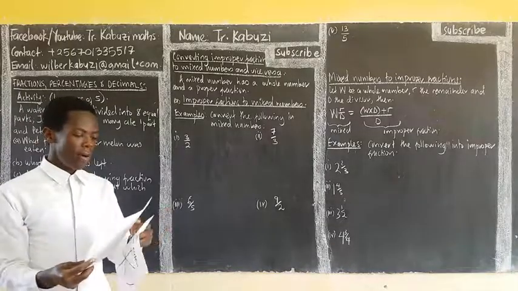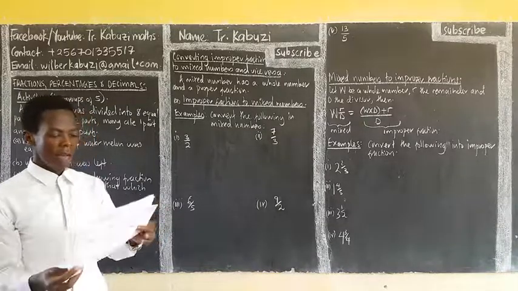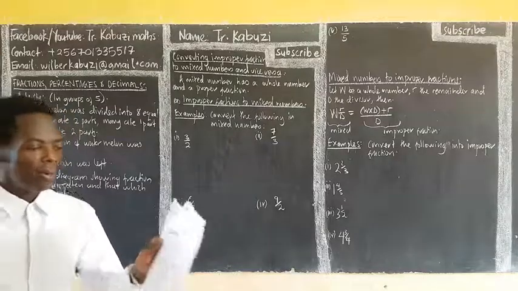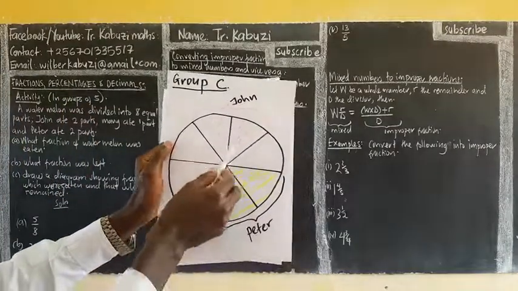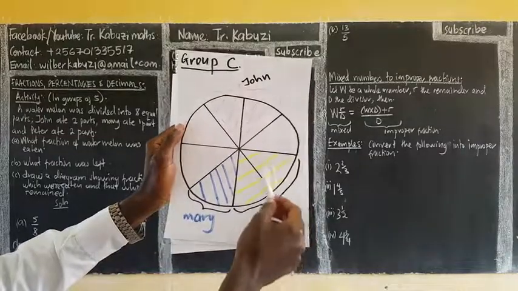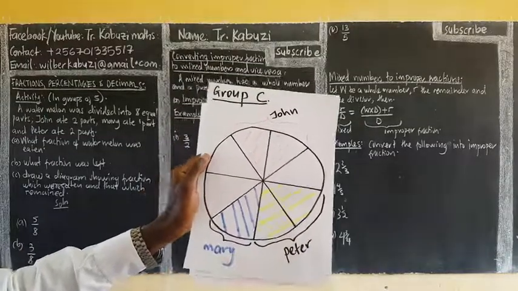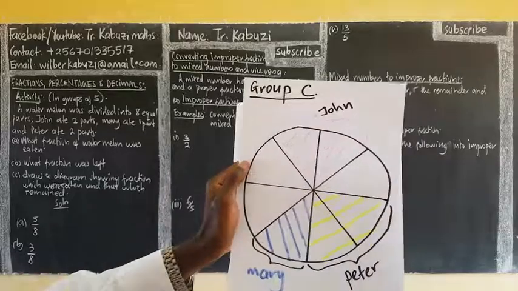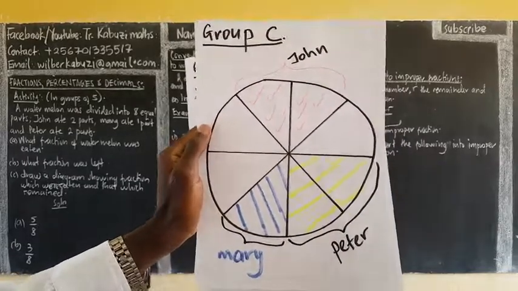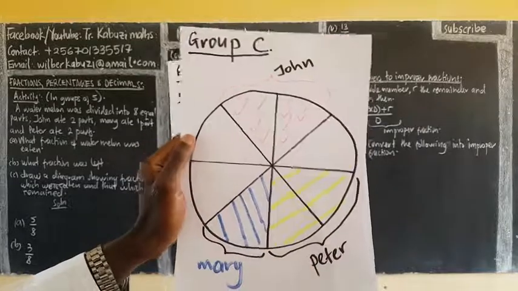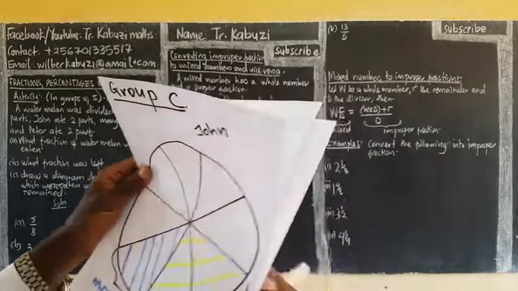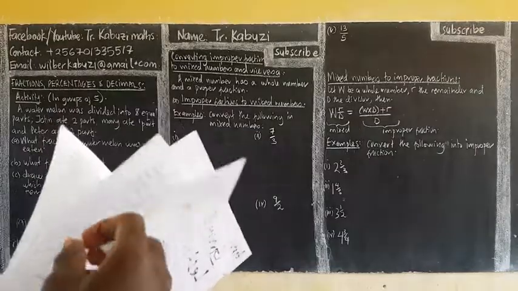We come back to our previous group, group C. When you look at group C, this was for John. John ate 2, Peter ate 2, and then Mary ate 1. So when we add, this is 1, 2, 3, 4, 5.